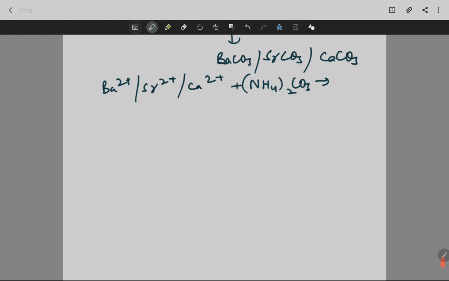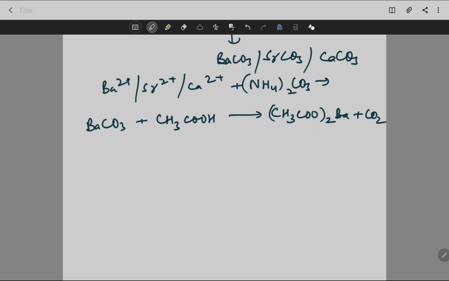Now whatever white precipitate we got, we dissolve it in hot dilute acetic acid. So we get barium acetate, (CH3COO)2Ba, plus carbon dioxide plus H2O.